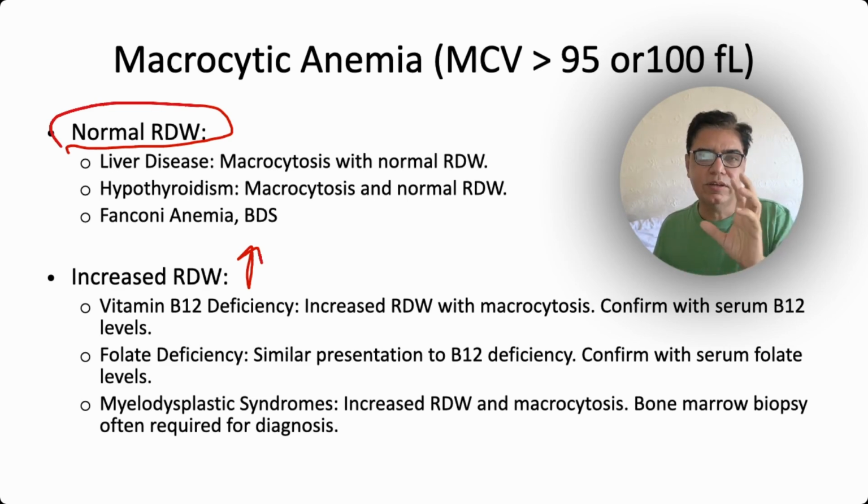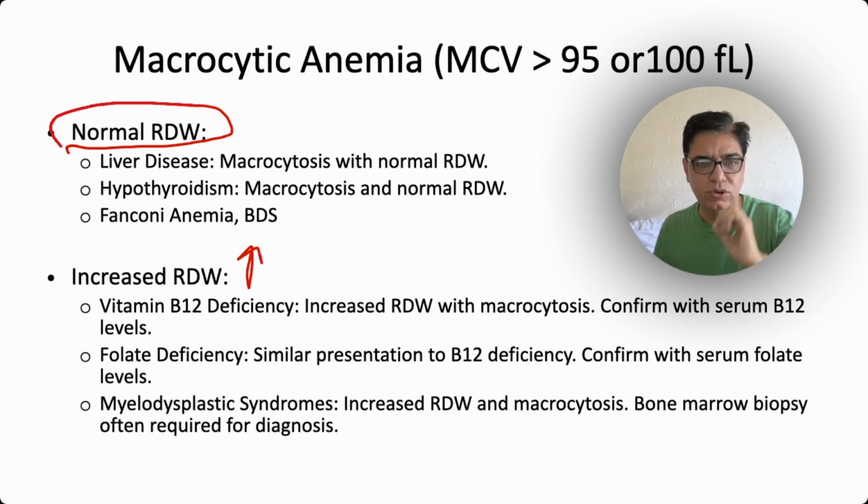So if you get macrocytic with a normal red cell distribution width, you're dealing with, number one, liver or thyroid problems. So chronic liver disease, chronic hepatitis, chronic autoimmune or chronic viral hepatitis. Hypothyroidism because of various reasons, whether it's iodine deficiency or autoimmune hypothyroidism or Hashimoto thyroiditis.